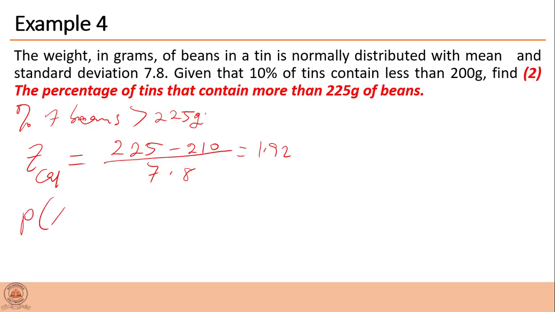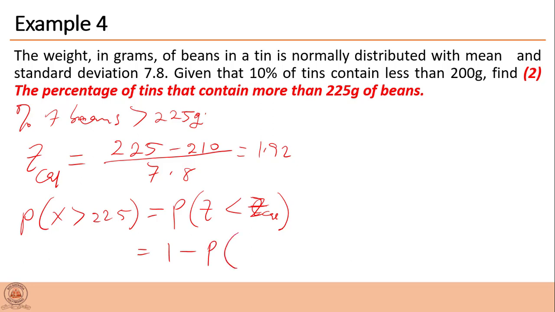So P of x greater than 225 is equal to z less than the z that we have just calculated. What would be that probability? So we say this is equal to 1 minus the probability of z less than z calculated. Remember, the question is x greater than. So this, we read this from the table, the 1.92 that we got.